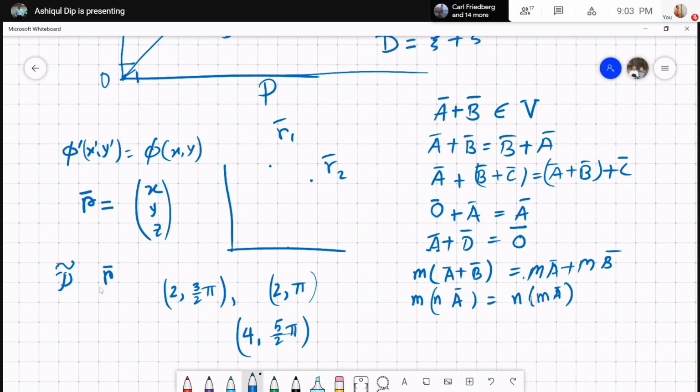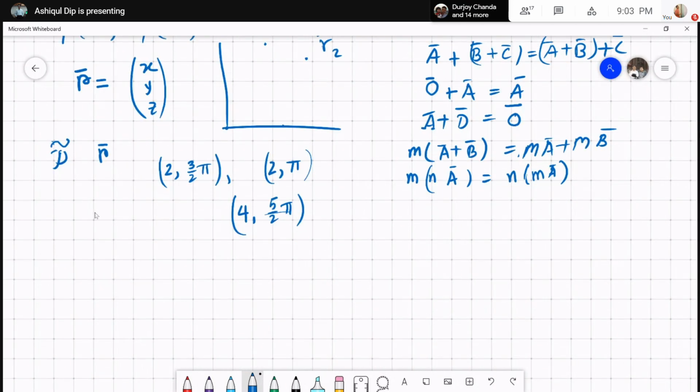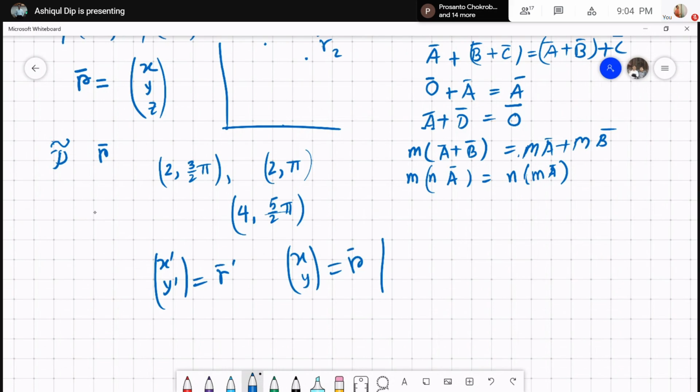From now on, when we talk about vectors, we'll talk in terms of transformation rules. Why? Because they change in a very specific way when you change the coordinates. Like when you rotate, you saw that your x prime, y prime, say this is my r prime, and x, y, this is your r, and they have a very specific relation when you rotate it, right?